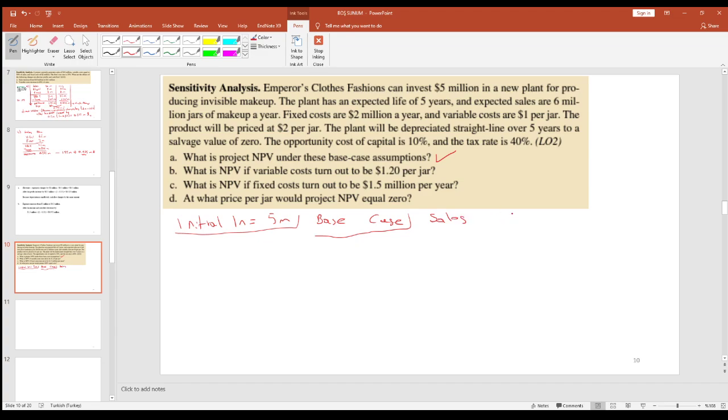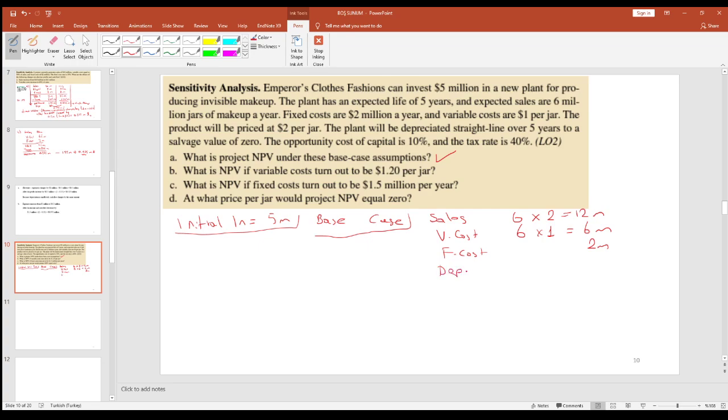Sales: 6 million jars will be sold at $2 per jar, so this equals 12 million. Variable cost will be 6 million jars at $1, which is 6 million in total. Fixed cost is 2 million here.